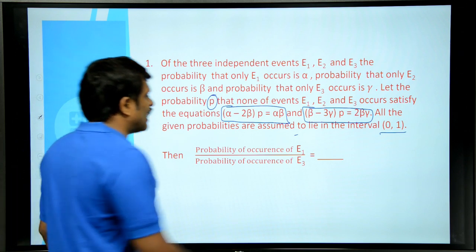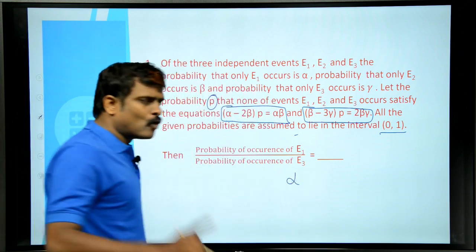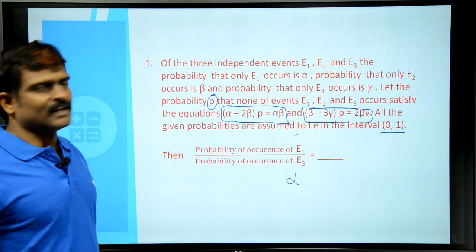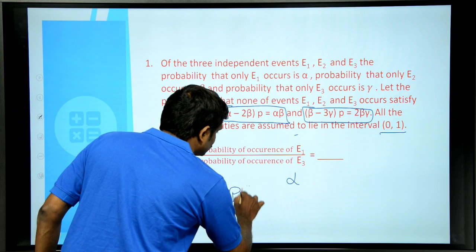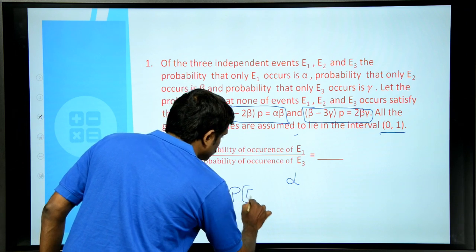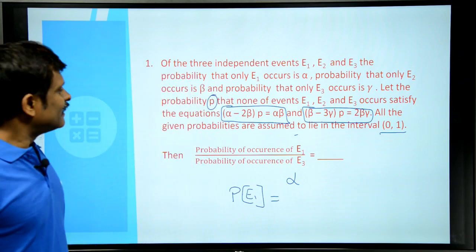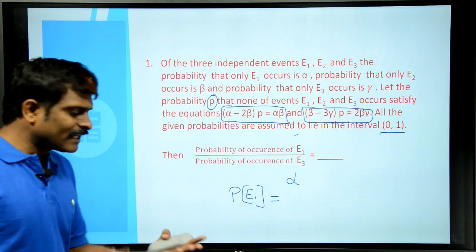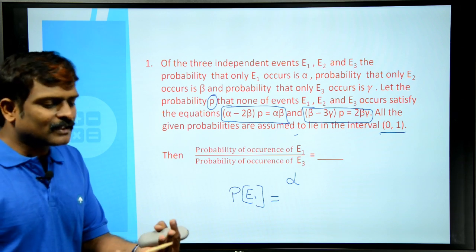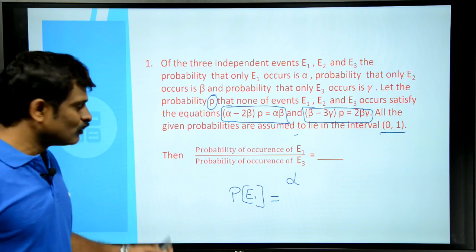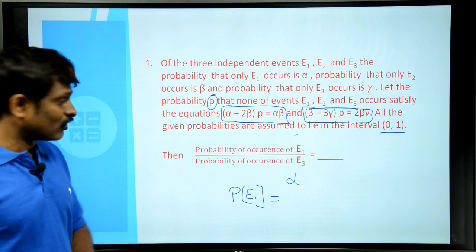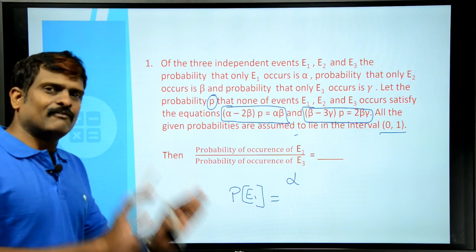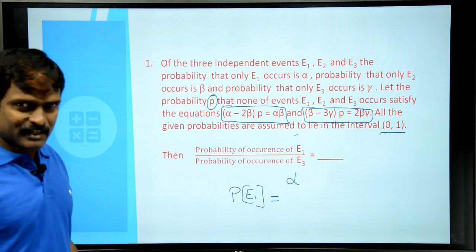No, see, alpha is the probability when only E1 is happening, but probability of E1 is the probability when E1 can happen, E1 and E2 can happen, and E1, E2 and E3 also can happen. So it doesn't look at whether the other two events are happening or not. Probability of E1 is simply when E1 is happening, it's not only E1 happening, right.